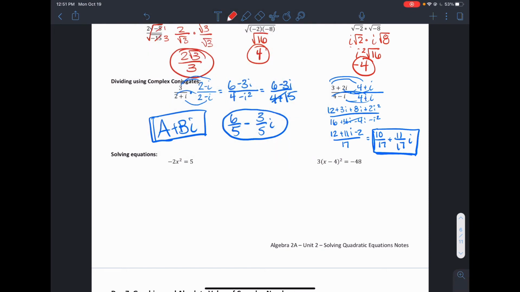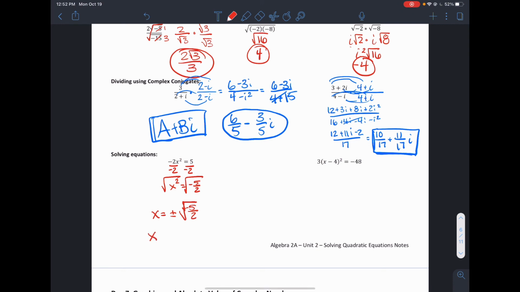Okay. We can even solve equations with these guys. So we would solve the equations just like before, but if we were to get a negative in the radical, like we might have seen earlier, we just simplify it as normal and express our answer in terms of i. So here I'm going to divide both sides by negative 2 first, and I'll get x squared equals negative 5 halves. If I radical both sides, right, x equals plus or minus radical negative 5 halves.